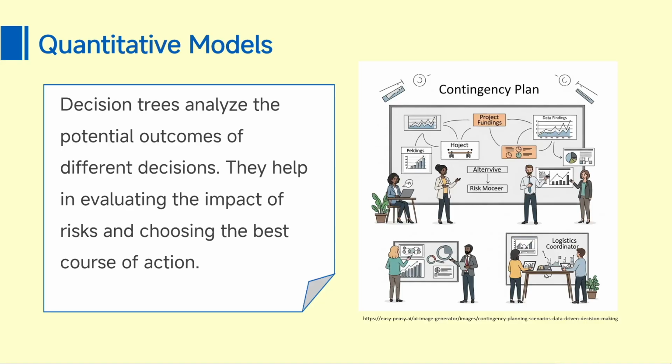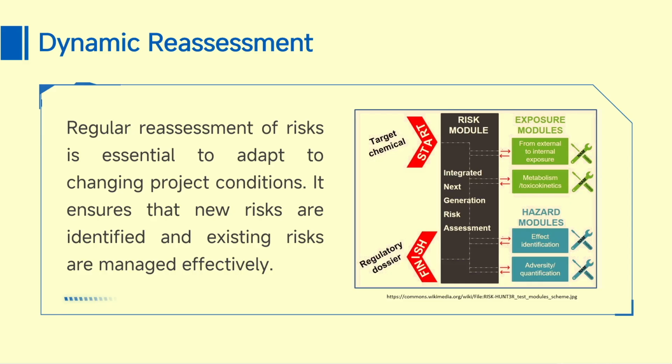The second quantitative model, through which we can analyze the priority or identify the decision, is decision trees. Okay. So, here we have a decision tree with which we can identify which risk has to be taken in order to move forward. And dynamic reassessment is also important. I have been telling this earlier also. Risk assessment or risk management is not going to be one single phase, it is going to happen throughout the software development life cycle.